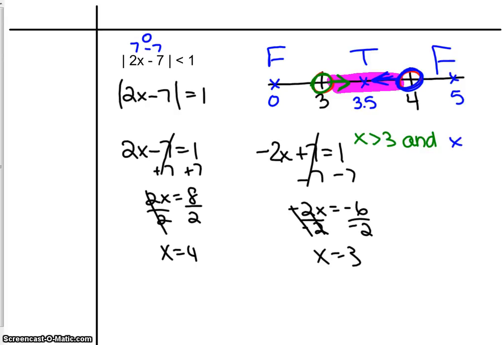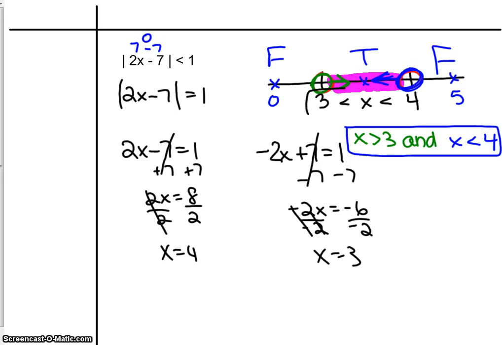This other one I'm comparing x to 4. No equals. Points left. Like I said, I'm okay with this notation, having it listed as 2 separate inequalities. As you get better with these, you're going to recognize that all I really need to do to show it algebraically is put the variable in between the two. But make sure when you do that, your inequalities are pointing the same direction.